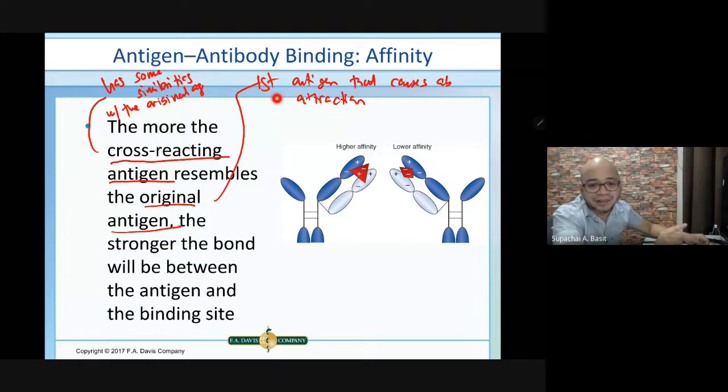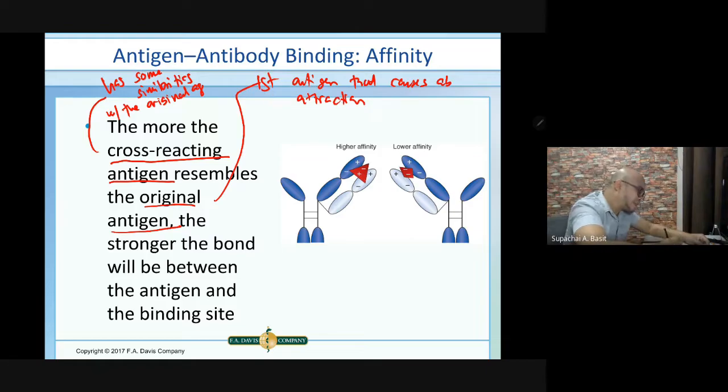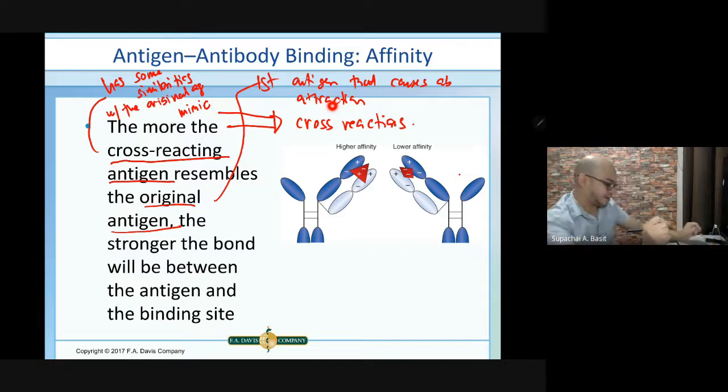And since they have similarities with the original antigen, they tend to mimic the original antigen. And since they mimic the original antigen, there's a possibility of cross reactions. Okay? So, what is the implication of having cross reactions?